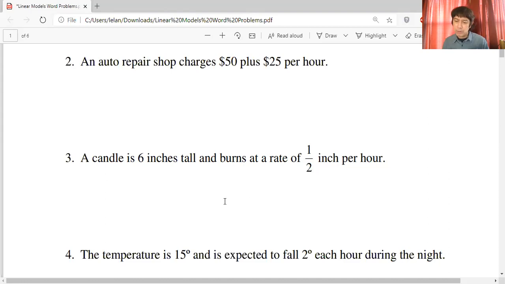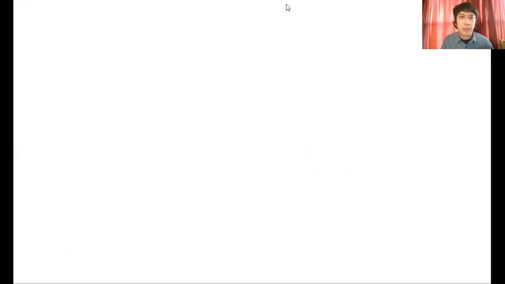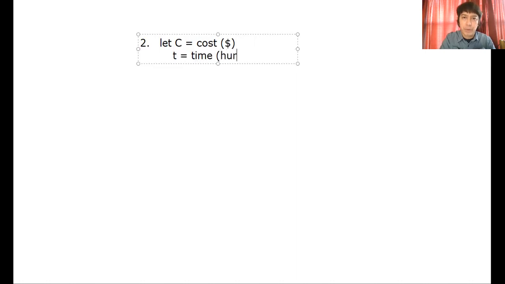If we make use of this data, we go back to our screen for our solution, and we shall be able to do this on the whiteboard. And here's our number 2. We let the variable C be the cost, in dollars, and we let the small t be time, in hours.